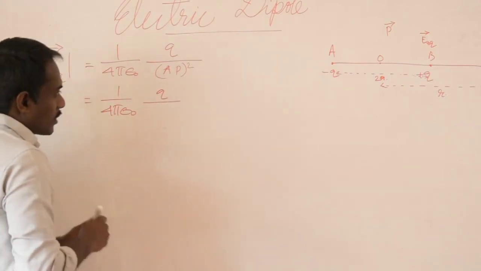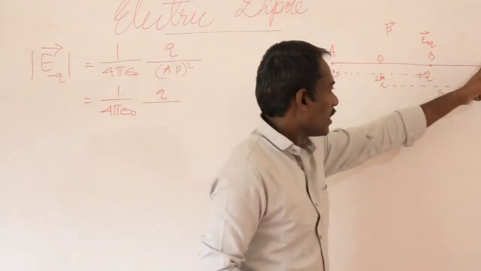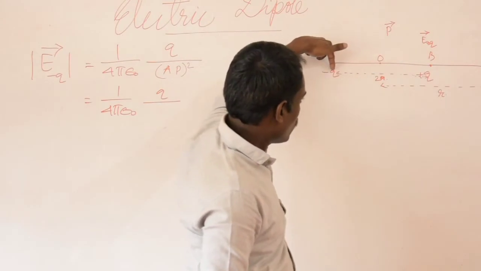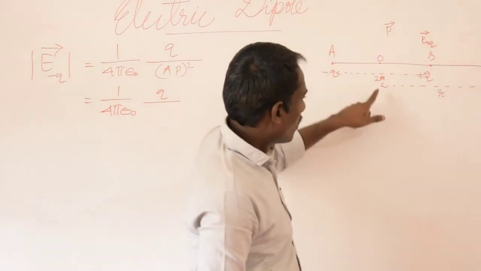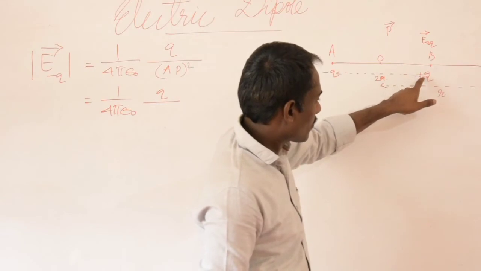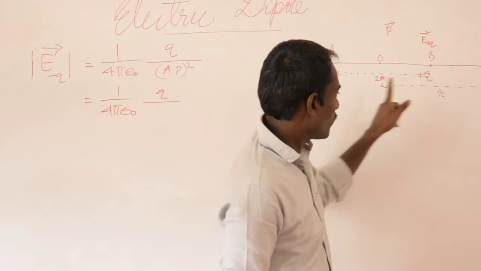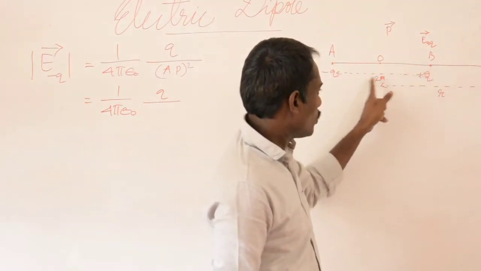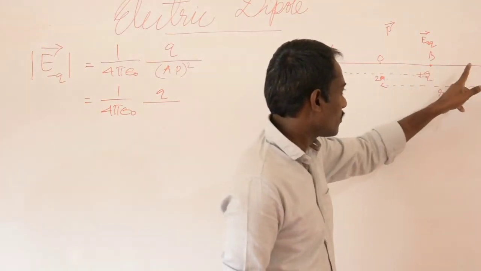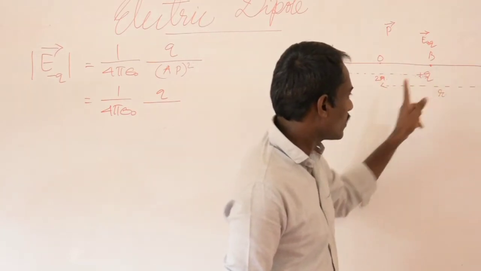What is the distance AP? AP is 2A, from A to B is 2A, and B to P is, O to P is R.